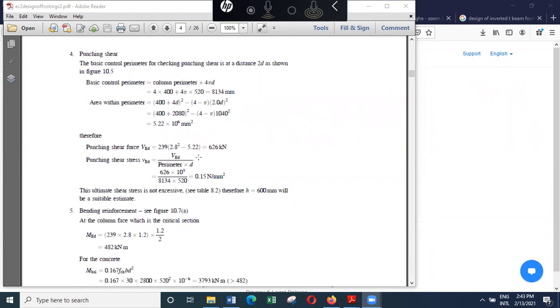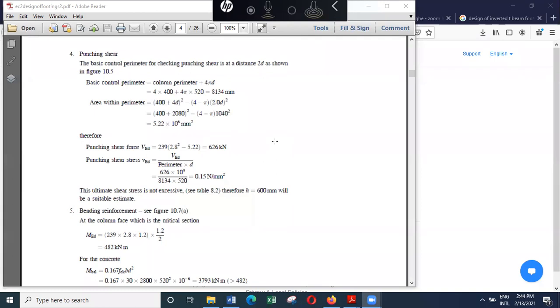And for this load, we have to see what the punching shear stress is, and you can see the punching shear stress is only 0.15. We know in concrete the minimum shear, even with 25 megapascal concrete, is in the range of 0.35 to 0.4.